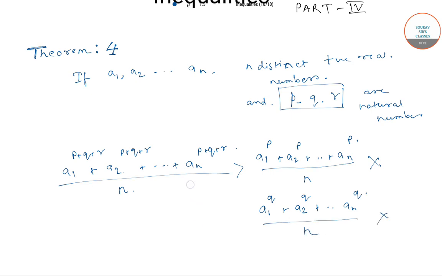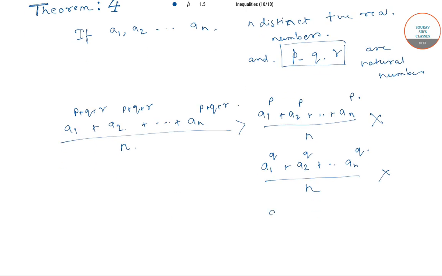into again A1 raised to the power R plus A2 raised to the power R plus so on till An raised to the power R, divided by n. So this is the theorem.